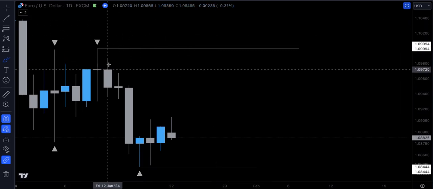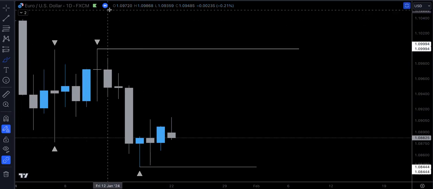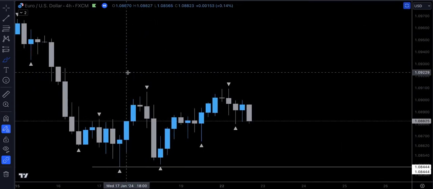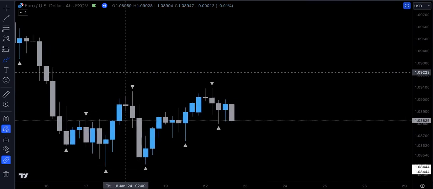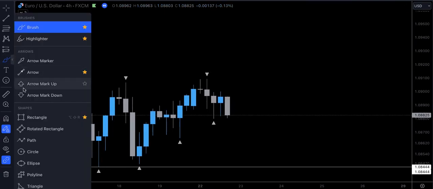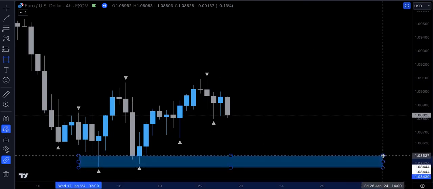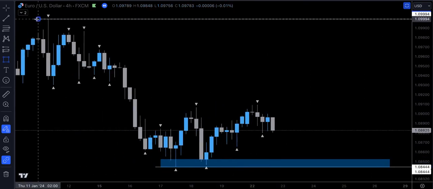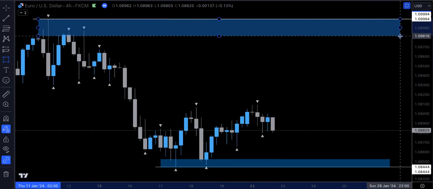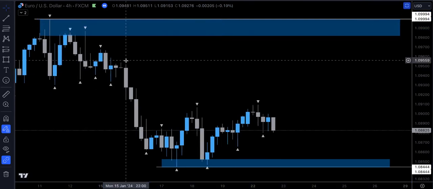Okay, now that we've identified our points of liquidity, let's drop down to the 4 hour time frame and take a look at our framework and entry schematic based on the lower time frame. So we've identified our higher time frame structures and our higher time frame areas of liquidity.